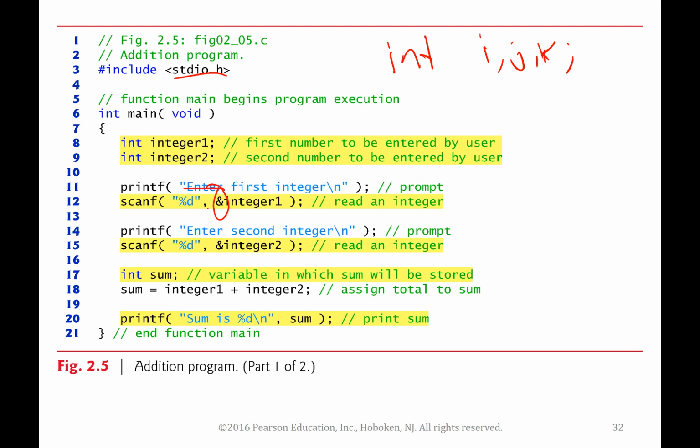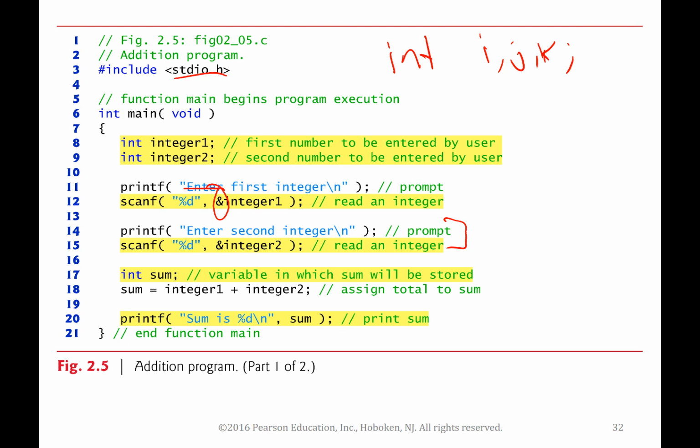So we repeat this process for integer 2. For every variable that we're going to input into our program here, we have to have a prompt for that variable and a scanf for that variable.